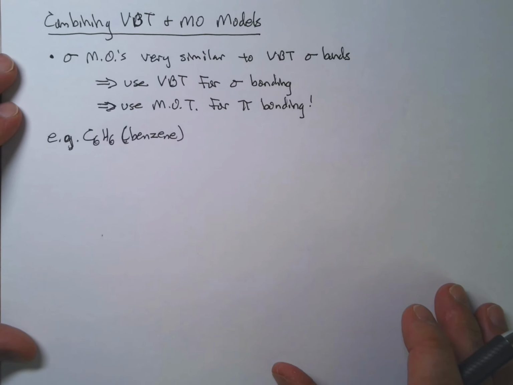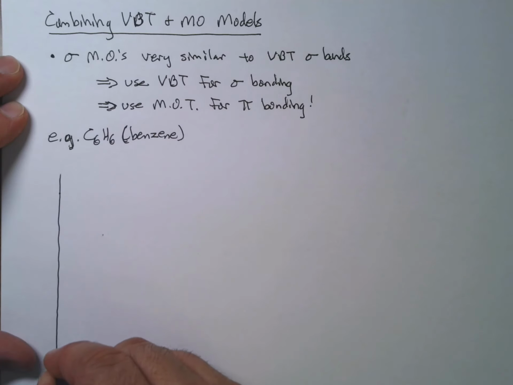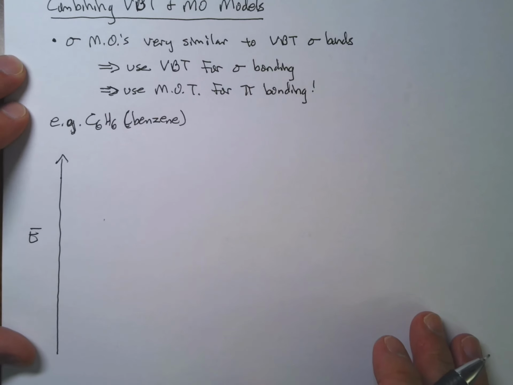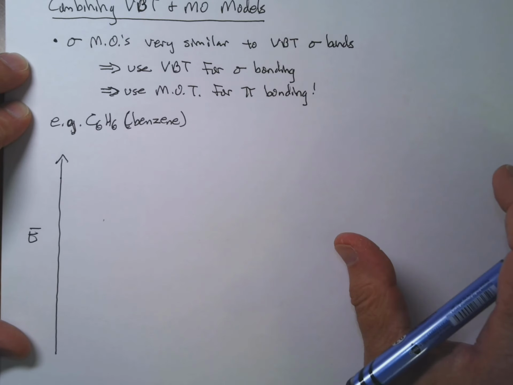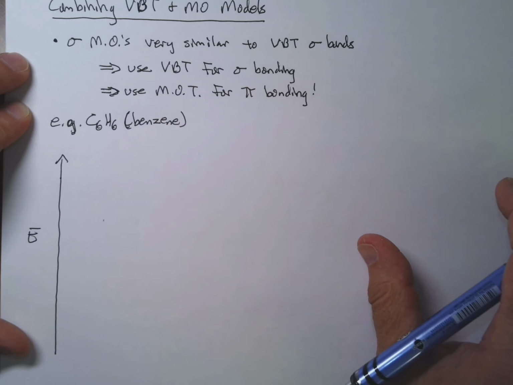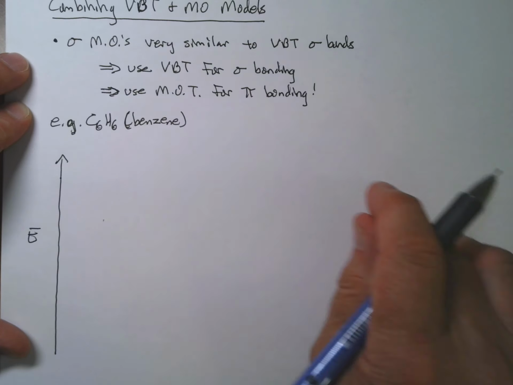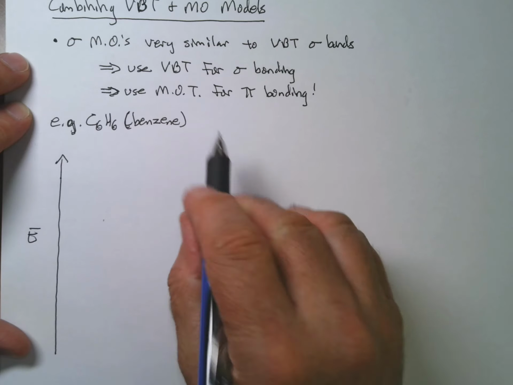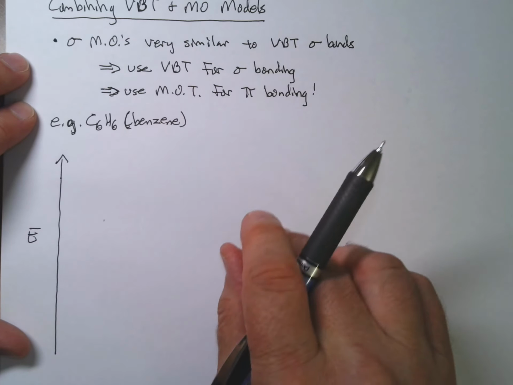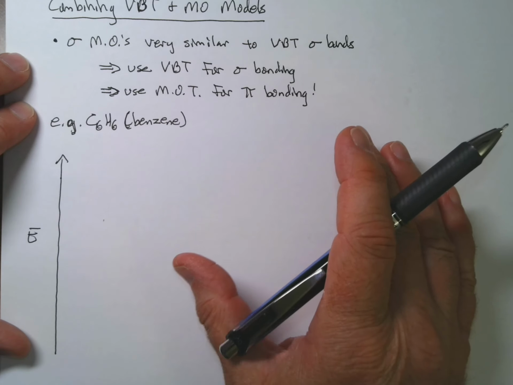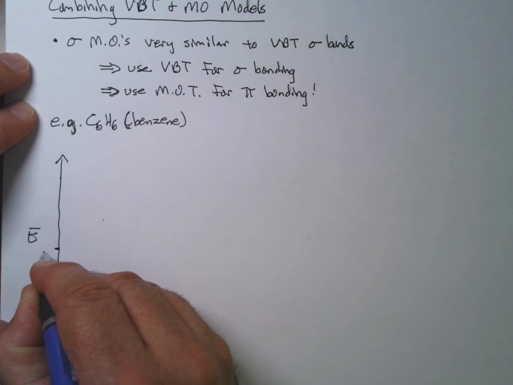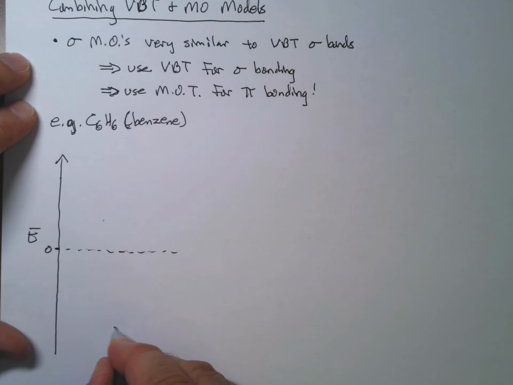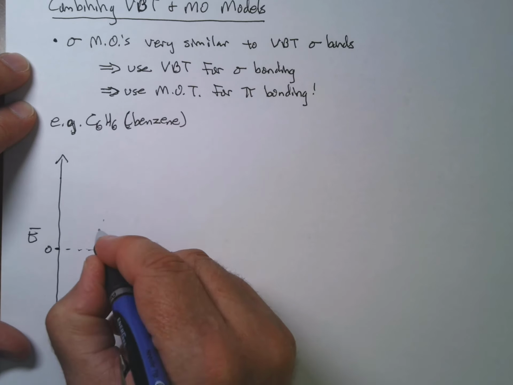Okay, and so with benzene, we'll have our energy here. And there are 6 p orbitals that contribute to what we call the pi system. They overlap and give those pi bonds in valence bond theory. And we talked about how everything overlapped, and it's like the resonance structure. And well, with molecular orbitals, we would see that those 6 p orbitals combine to give us 6 molecular orbitals.